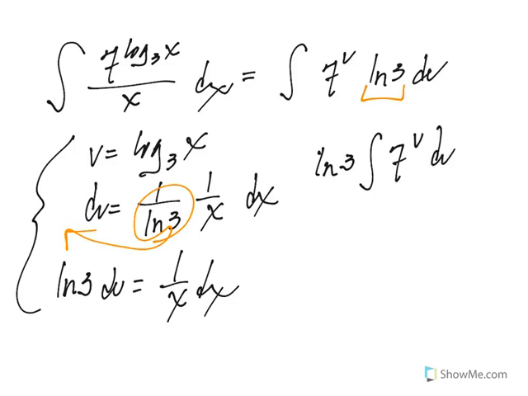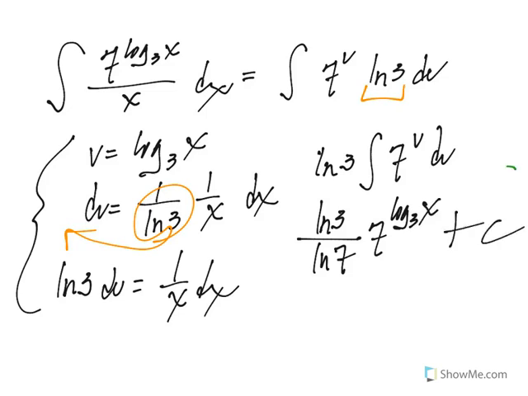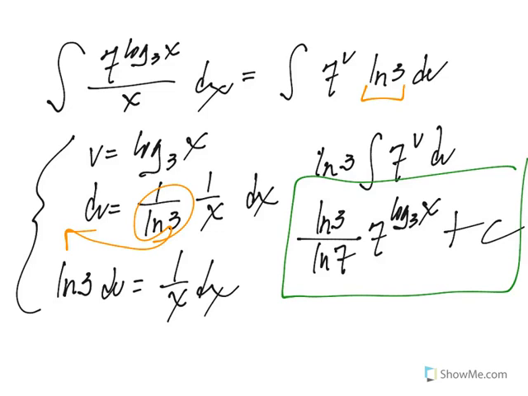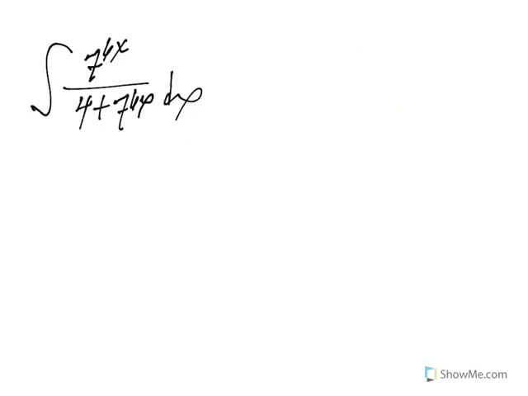Again, constant multiples can pass through the integral. This then will give me a final answer of the natural log of 3 times 1 over ln 7 times 7 to the u, that's log base 3 of x, plus c, and that is my final answer.